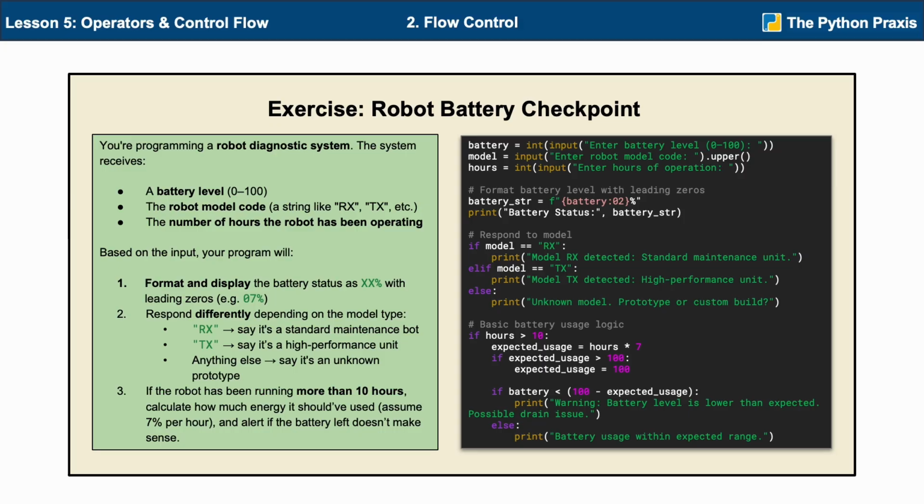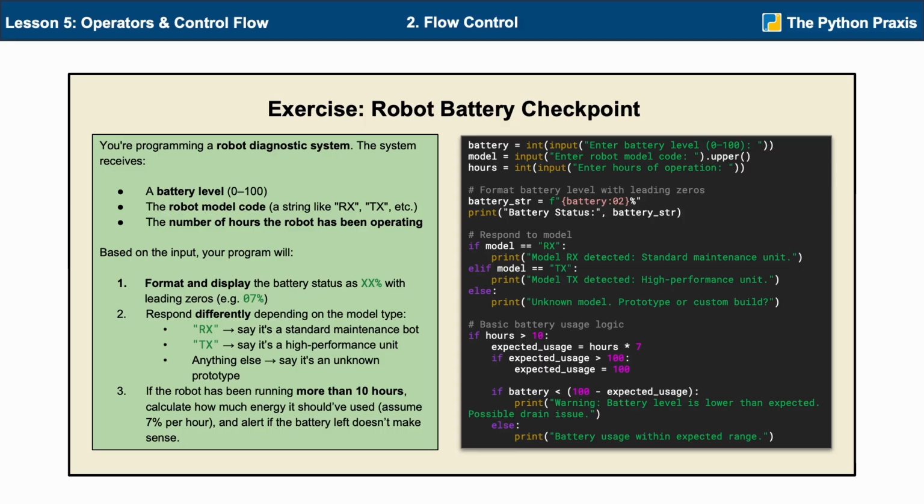Here we have another if-else condition. This if condition checks whether the battery level of the robot is at a reasonable level, considering the amount of time that the robot has been operating. This if statement checks whether the battery level is less than the expected, which is 100 minus the expected usage that was previously calculated.